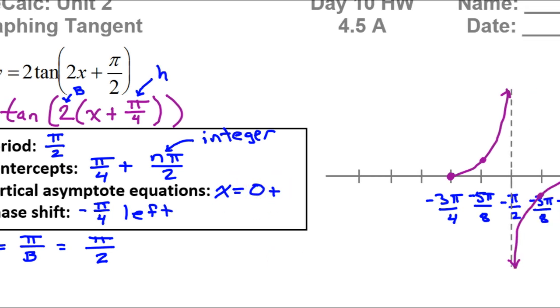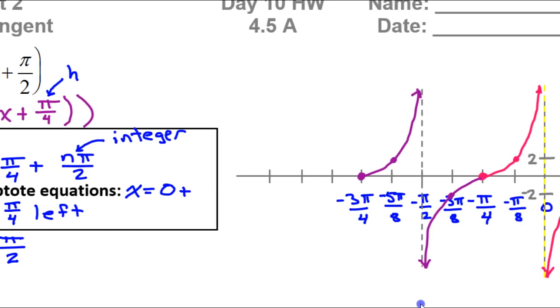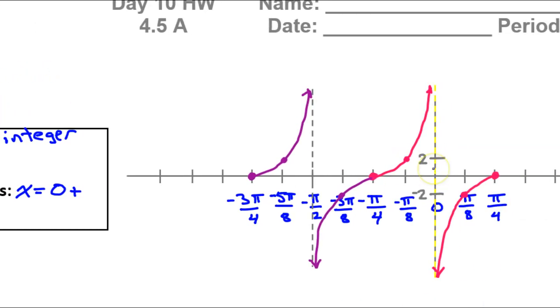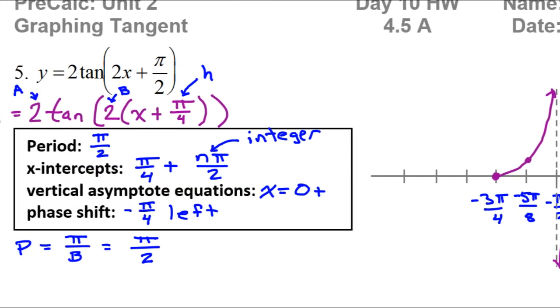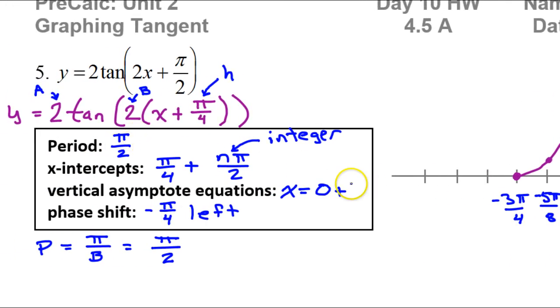But then, if I wanted to add multiples of the period, because it occurs once every period, since the period is pi over 2, I would be adding n pi over 2, where n is an integer. Okay, now, so this is an equation for all the vertical asymptotes.